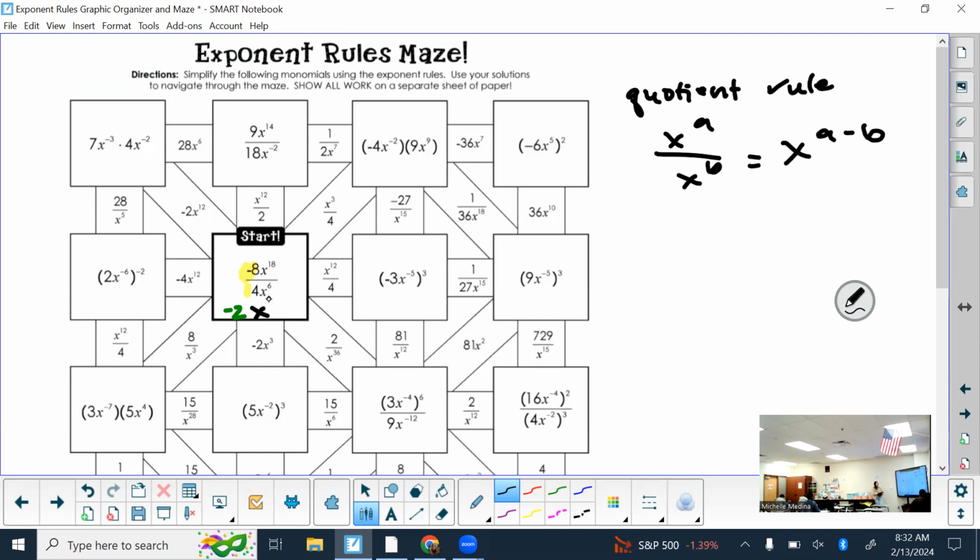I've simplified it, it's the simplest it can go. It does not want you to have any negative exponents either. So this is my answer. Find the one that matches it. It looks like now I'll be heading this way, and now I'll have to do this problem, and then you'll go from there.